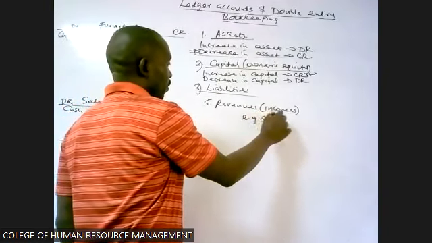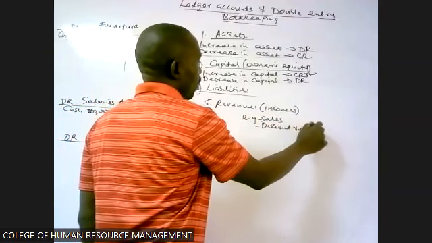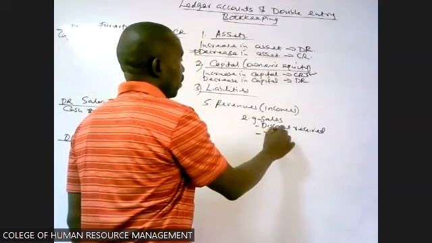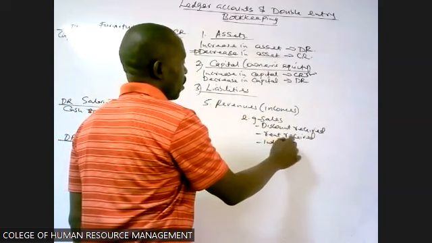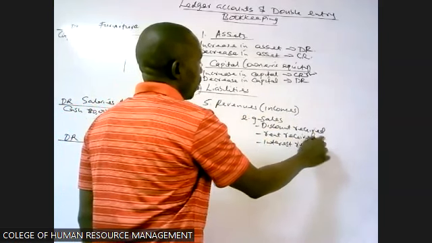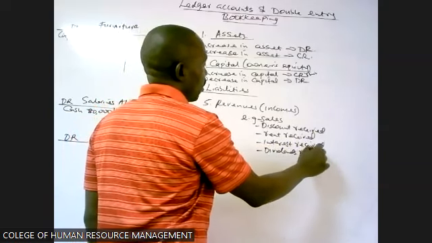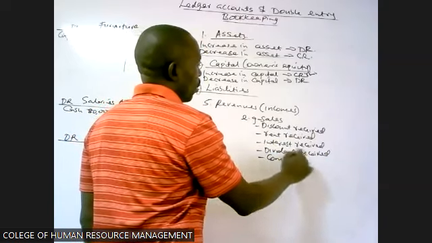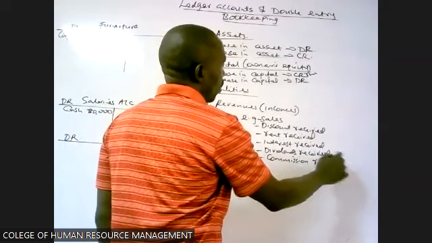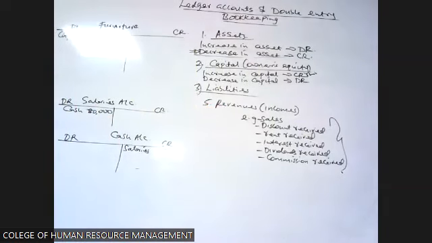They include sales, discount received, rent received, interest, dividends, commission. All of these ones we normally consider them as revenues, sources of income.